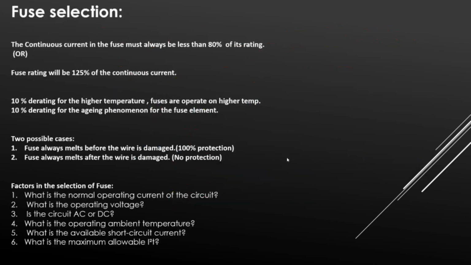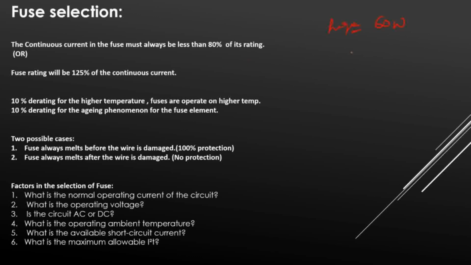Okay, moving to the last one, which is very important. We have seen what types of fuses there are, but how do you select the fuse? I have taken one example earlier, that you have a headlamp of 60 watt.